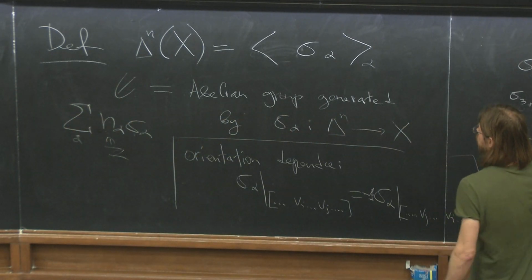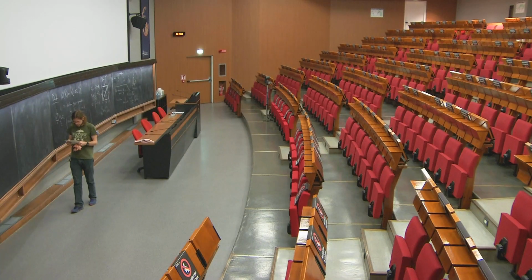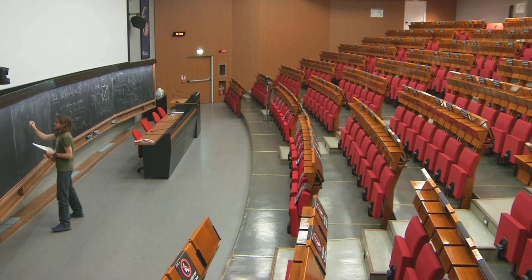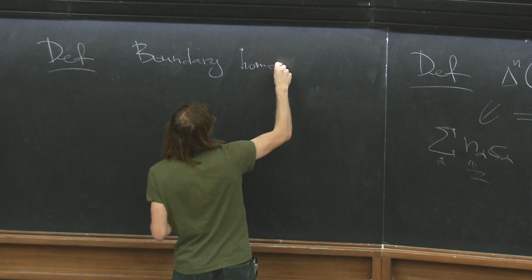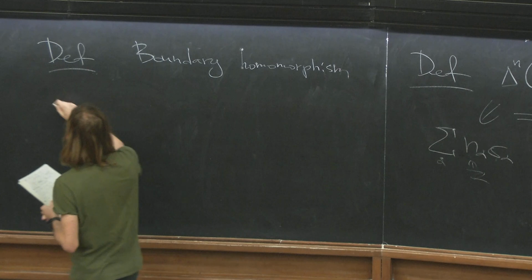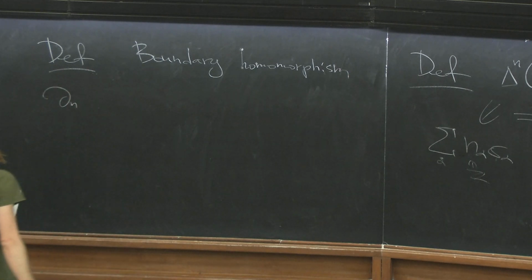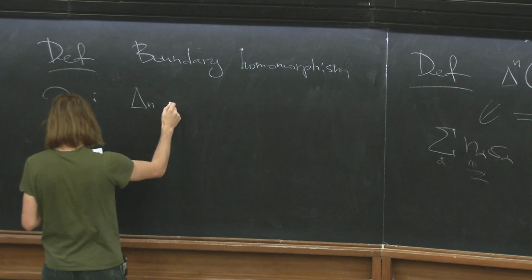Okay. So we have this abelian group. And then we can consider what is called the boundary homomorphism.